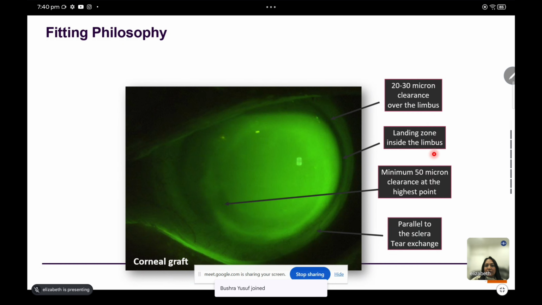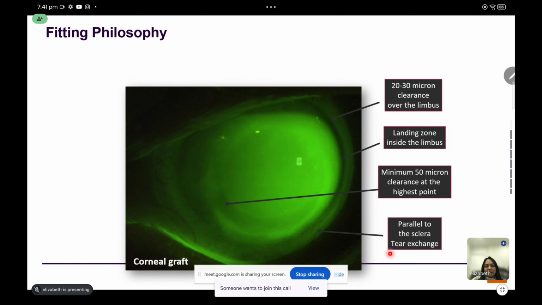The landing zone of the lens lies inside of the limbus, so it doesn't land on the limbus. It still lands on the cornea just inside of the limbus. And then in terms of clearance, we want to have at least 50 microns, so not quite as much as scleral lenses where we need about 200 microns. With oblate lenses, we only need about 50 microns over the highest point over the cornea.